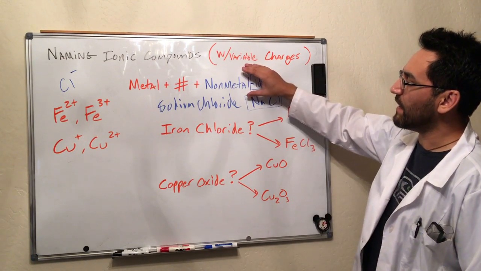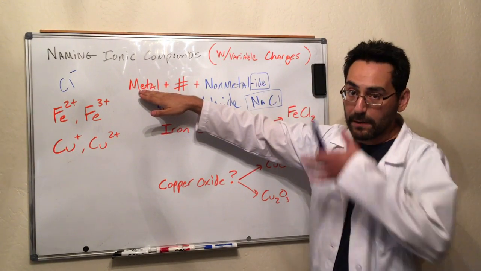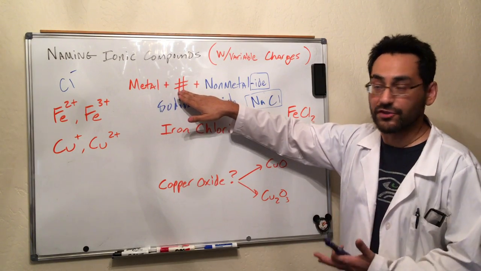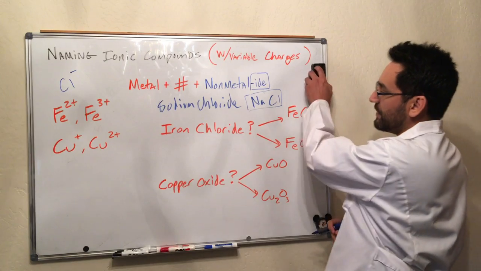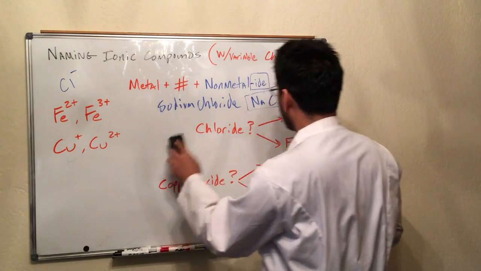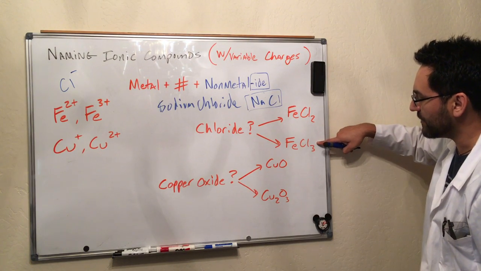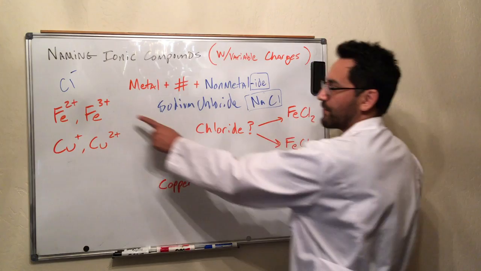So if I modify our formula, it's the name of the metal, plus the number of the charge, plus the nonmetal with "ide." So to pick which one we're talking about, let's say we're talking about this one here. Well, this is the iron ion that has a 3+ charge.